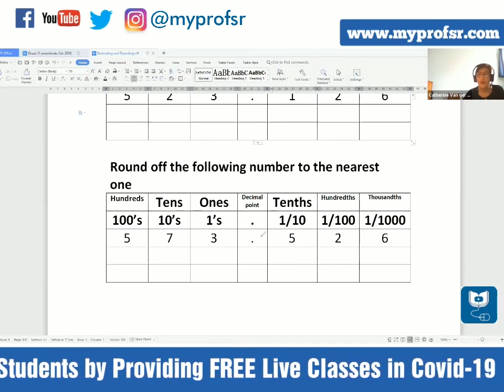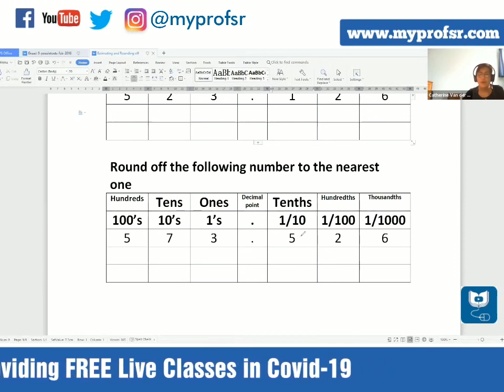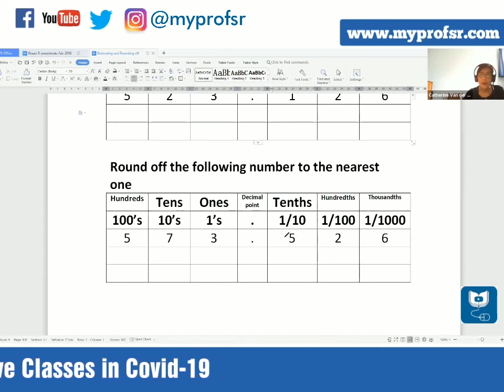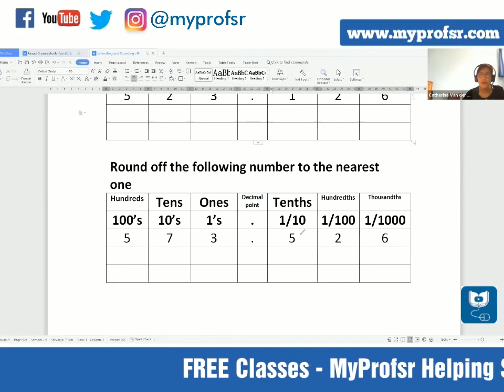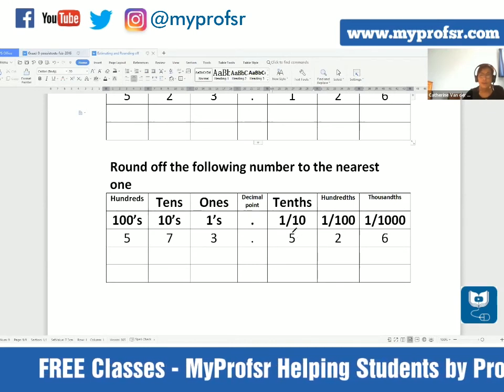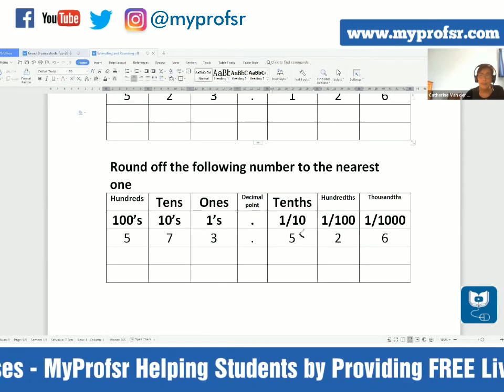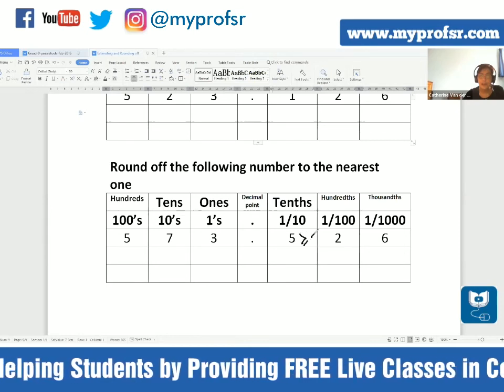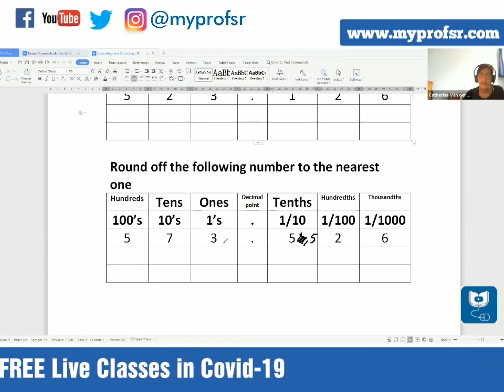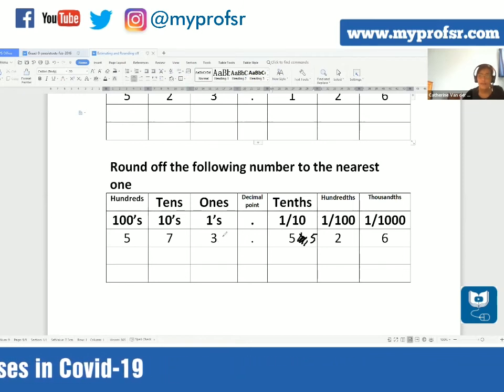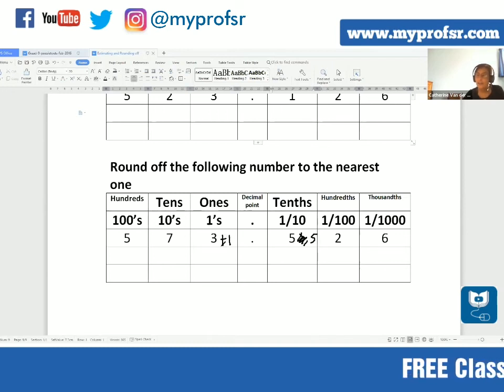Anyone? When it is equal to 5, we are also going to round it up. So in other words, this number is going to increase with 1. So this 5 is bigger or equal to 5. In this case, it is equal to 5, and therefore, it's going to increase with 1. And thank you.